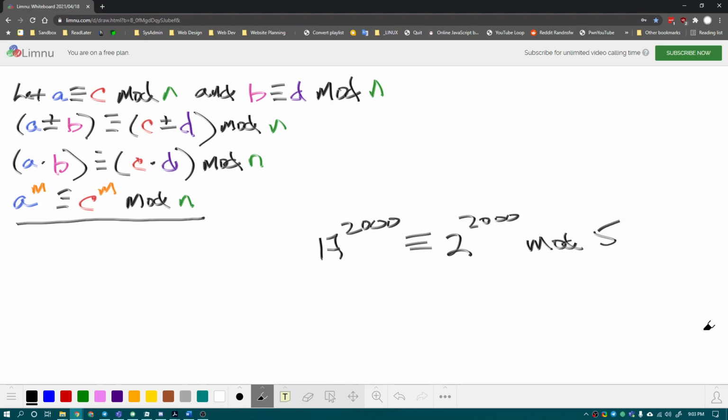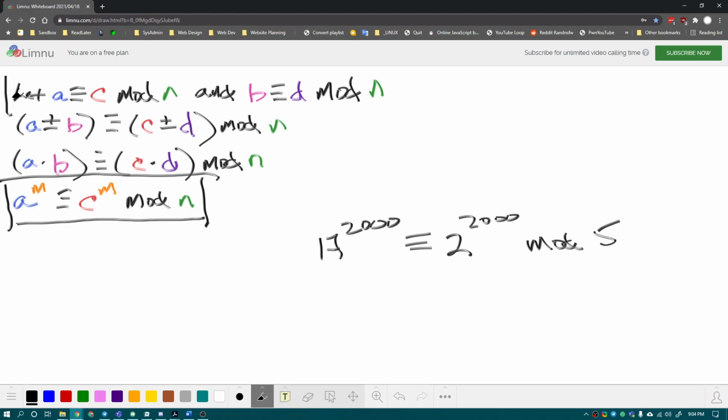Is that true or false? There's no way your calculator is going to be able to take this. The second you put in 17 to the 2000, you're going to get the E or whatever. So the only property I really, really recommend you guys remembering is this last one.